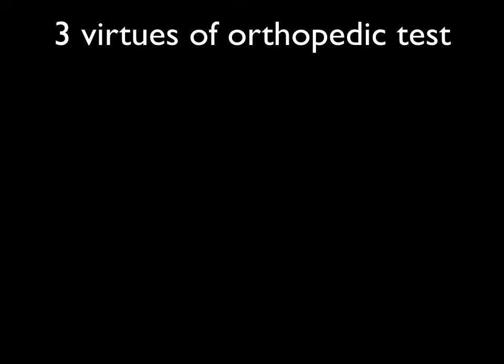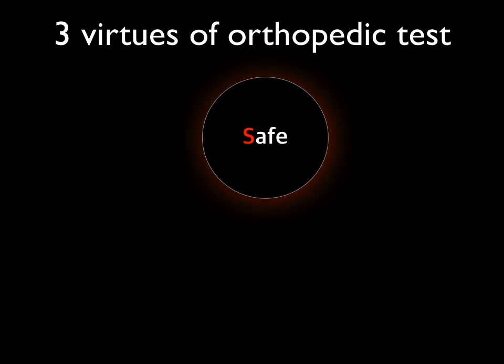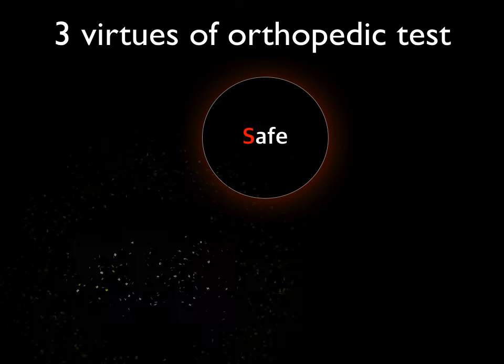These are the three virtues of an orthopedic test. First one is safe. Anything that makes the patient hurt is not a test. You can just kick him or slap him. It will make him painful, but that is not a test. It should be safe, and it should be specific.